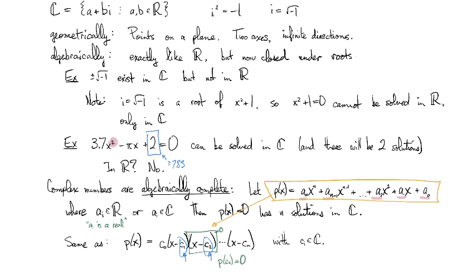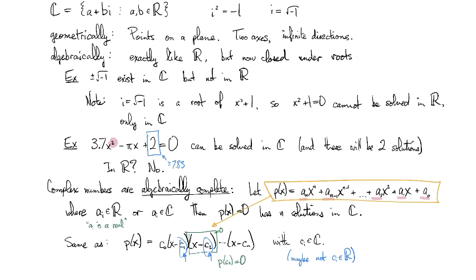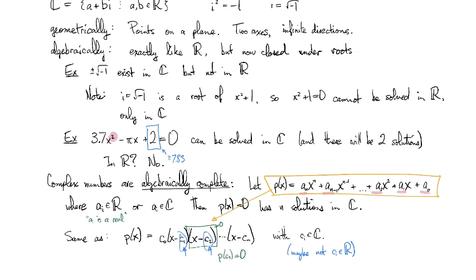And the key point here is that maybe you can't do this with real roots. And so your standard example for that is, again, x squared plus 1 equals 0.